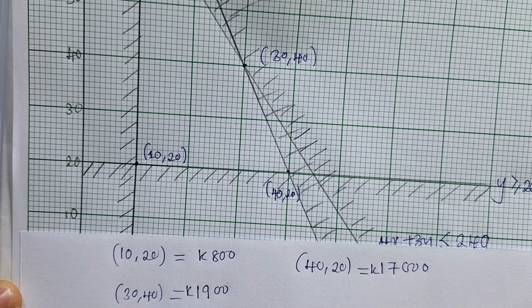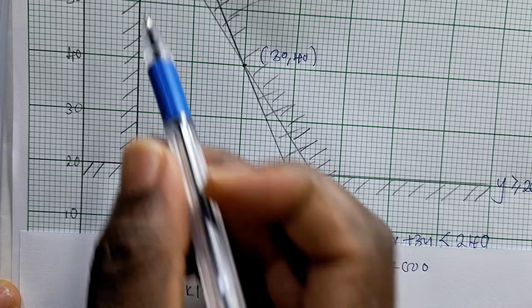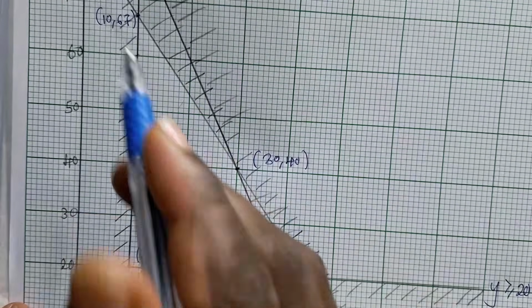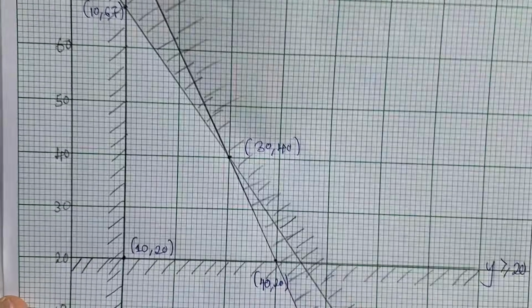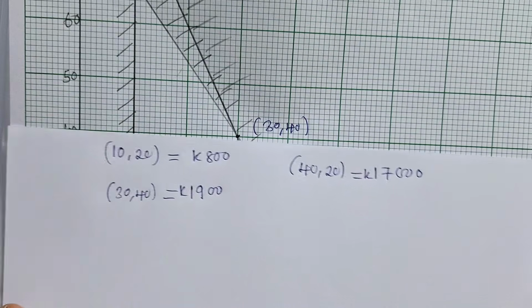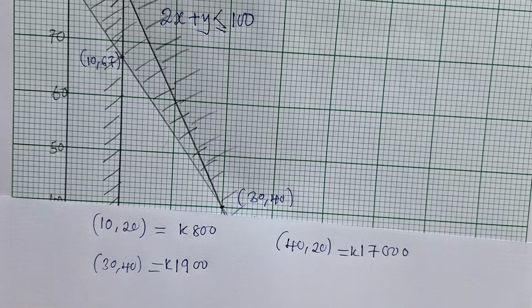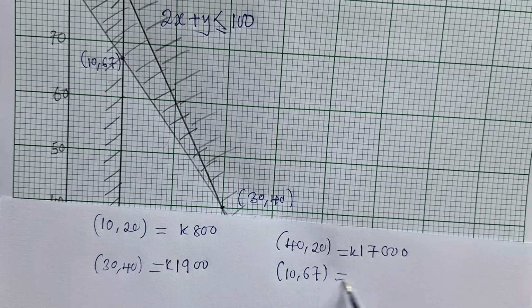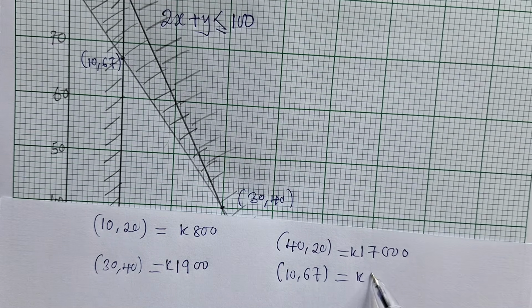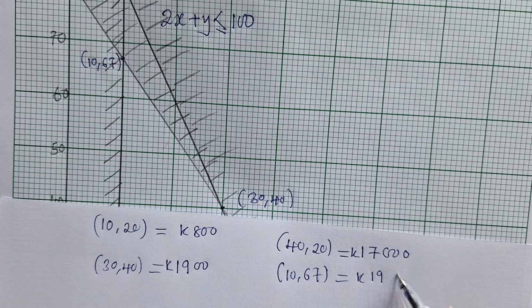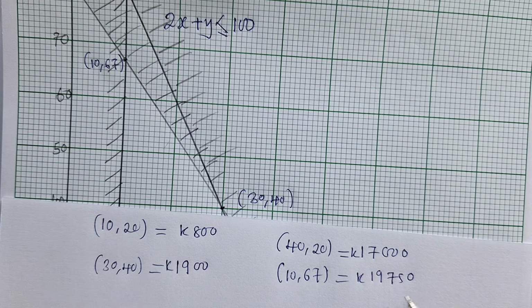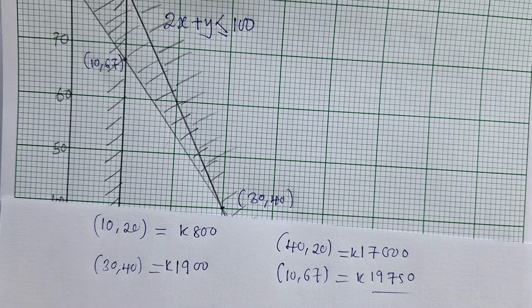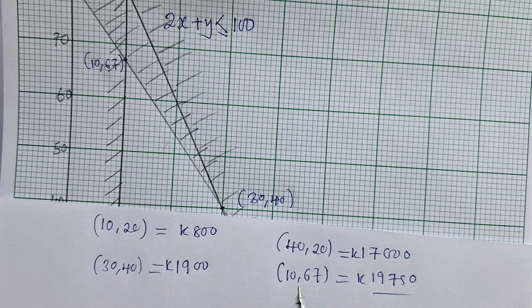Okay, I hope that's what you're also getting. I come to this one right up here. When I punch 10, 67, this is giving me 19,750 kwacha.